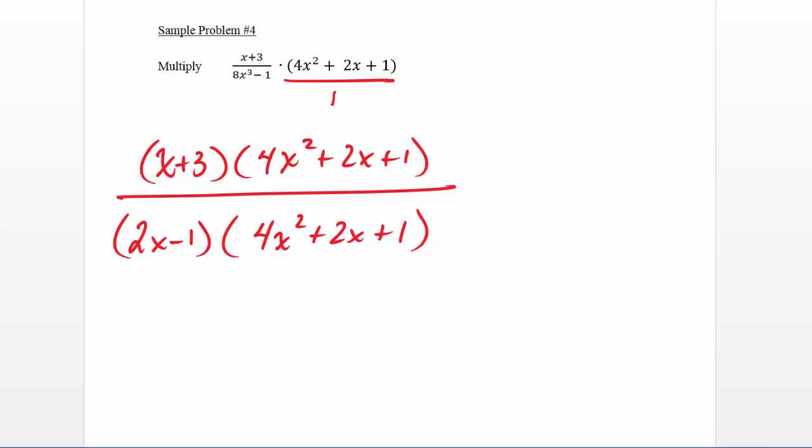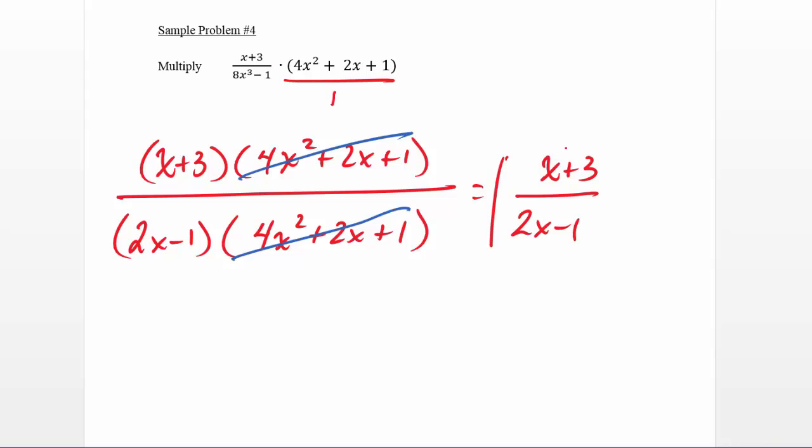And if you notice here, we actually ended up having a quadratic that is the same, that can cancel out. And we get our simplified value.